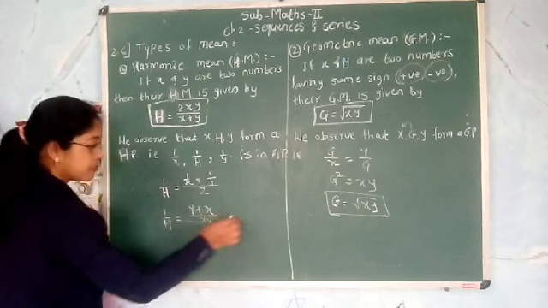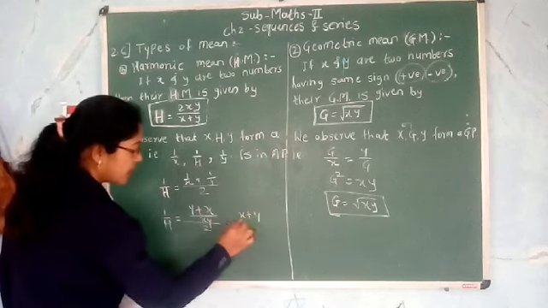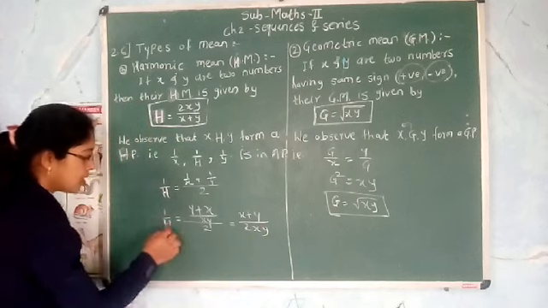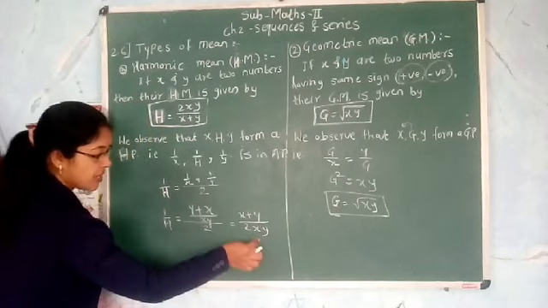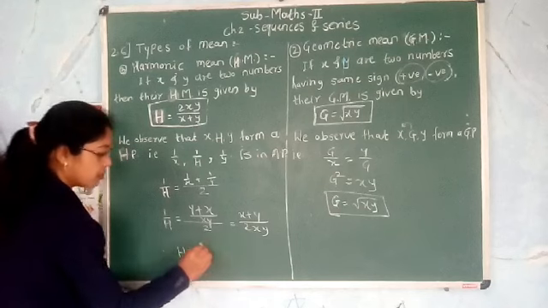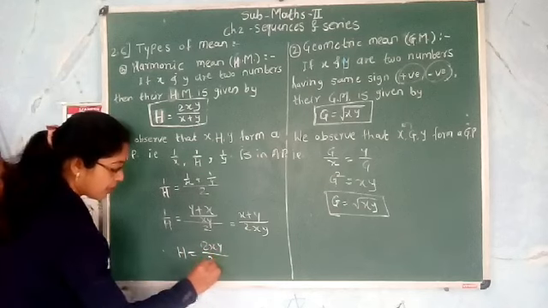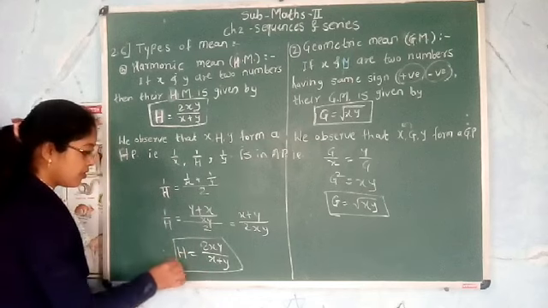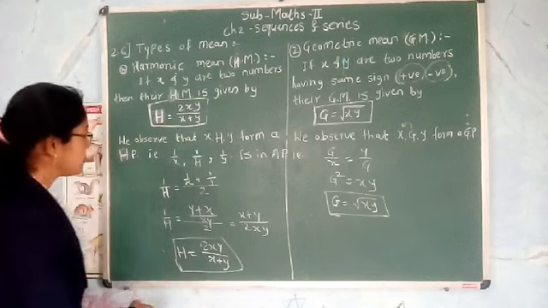So you can write x plus y upon 2 into xy. Okay, so 1 upon h is equal to x plus y upon 2xy. So h is equal to 2xy upon x plus y. So this is the formula for harmonic mean.